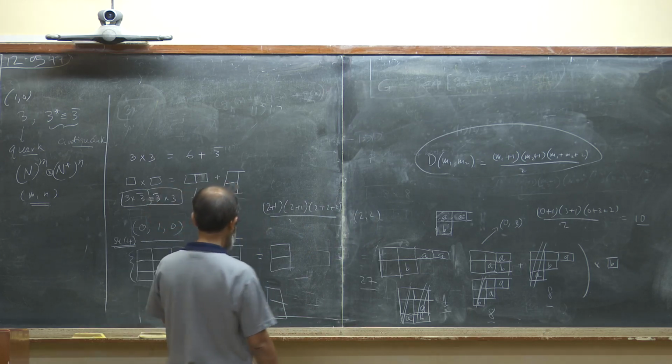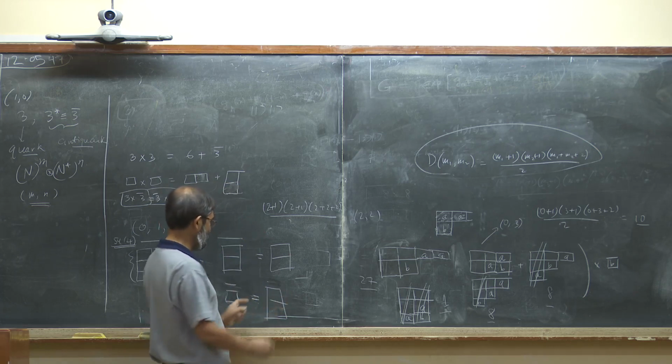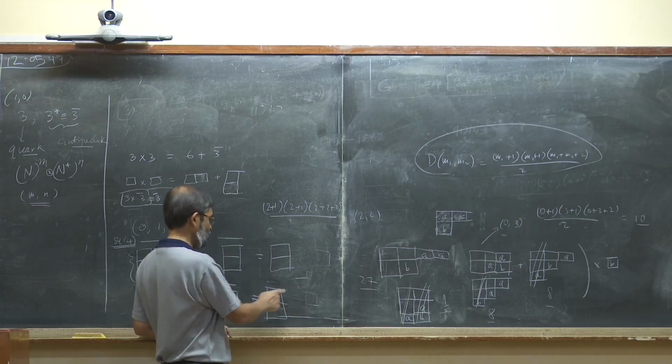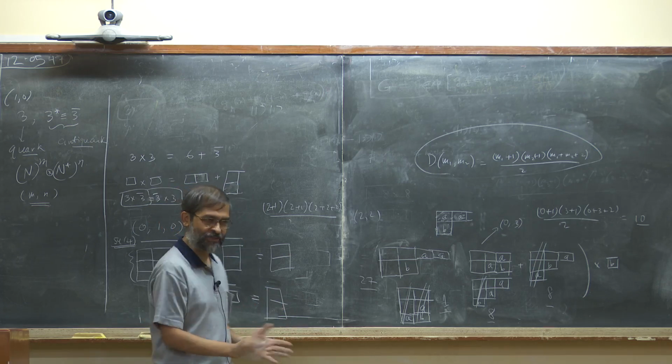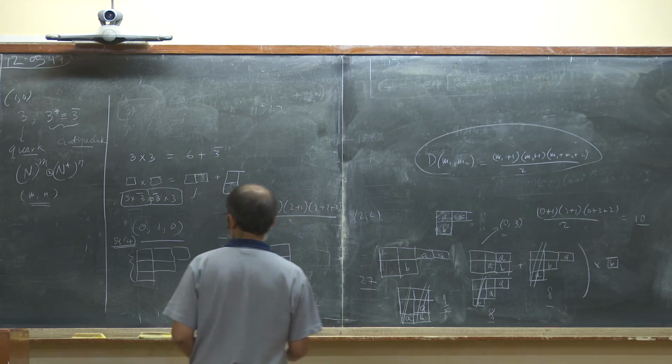The first thing that will hit you is that the box sticks in here, so you get your adjoint representation.